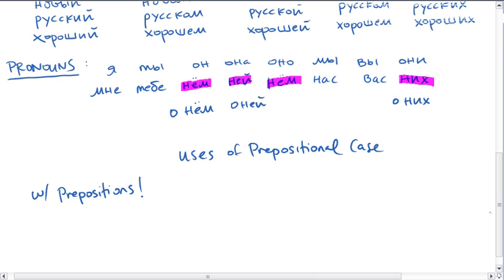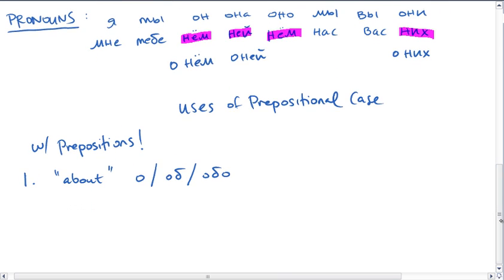So, what are our prepositions? We've got prepositions meaning about, and that's o, ob, obo. And o plus the prepositional is the same as saying pro plus accusative.